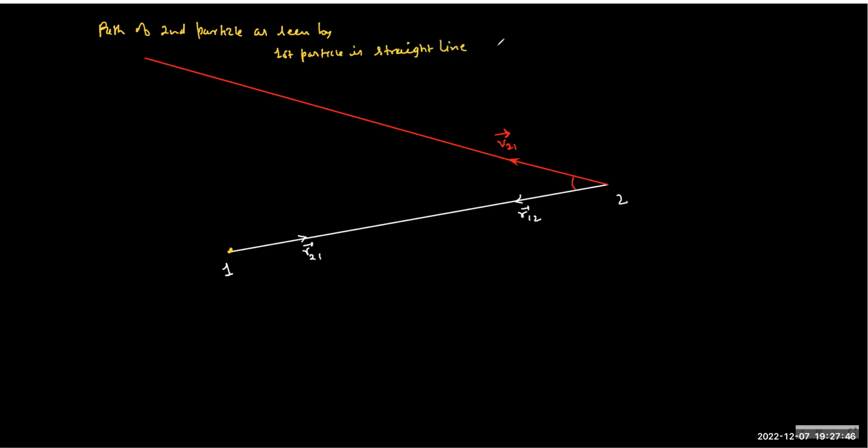So the path of the second particle as seen by the first particle is a straight line, the red line.